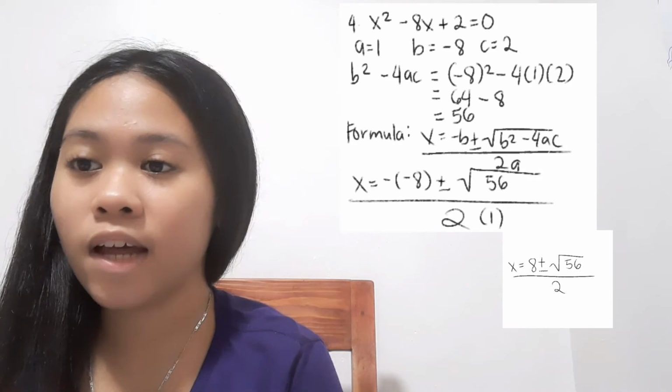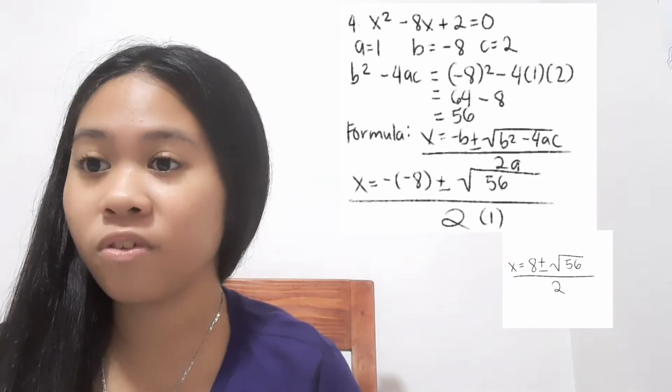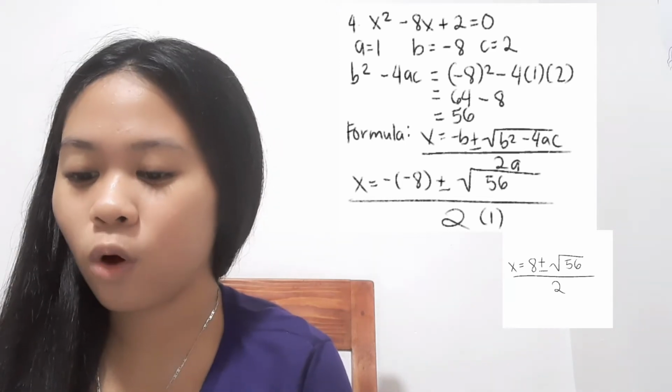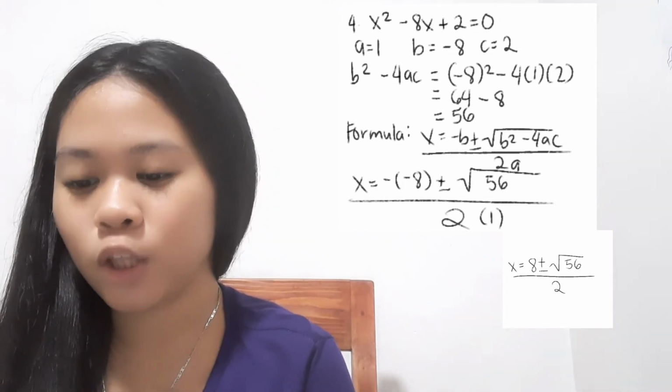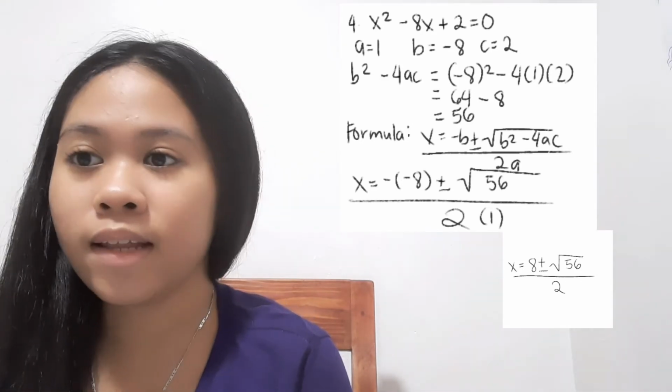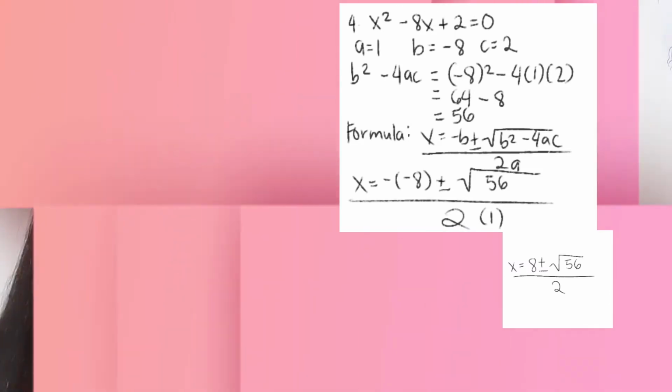And our final answer will be x equals positive 8, the opposite of negative 8, plus or minus the square root of 56, all divided by 2. We also cannot take the square root of 56, so we will just leave it like that.